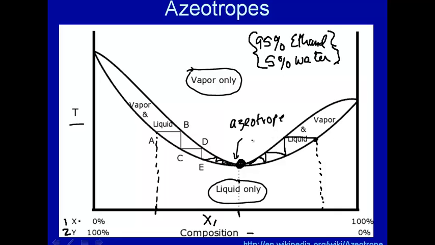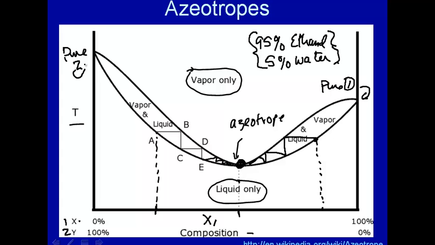Okay, so that's an azeotrope in which the azeotrope boiling point is lower than the boiling point at either end here. This would be pure component 2, and this would be pure component 1 right here.